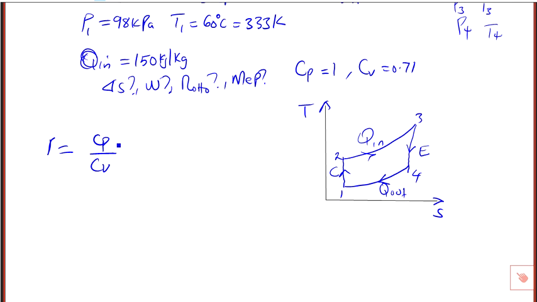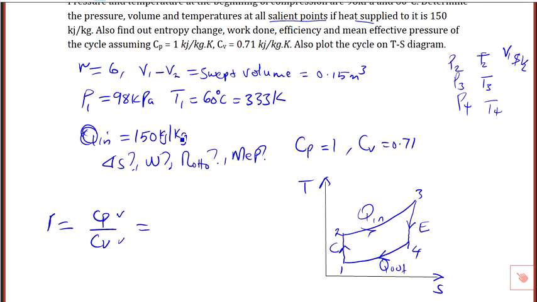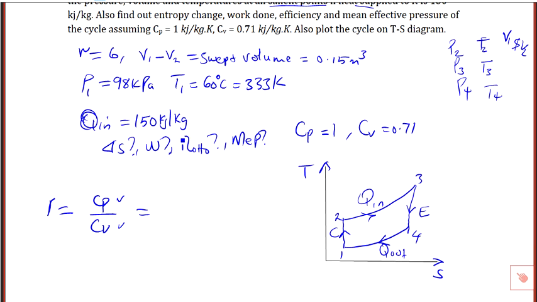Now we have the values of Cp and Cv, so we just slot in the values and simplify. We are told here that Cp is 1 and Cv is 0.71, and if you divide that, it gives you exactly 1.4.